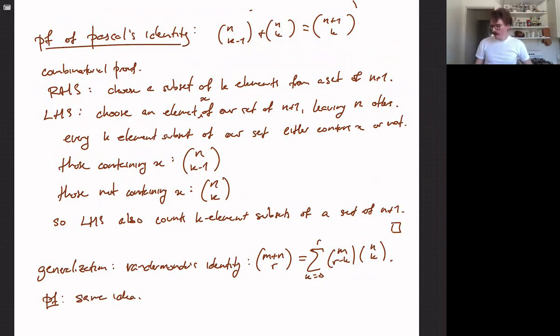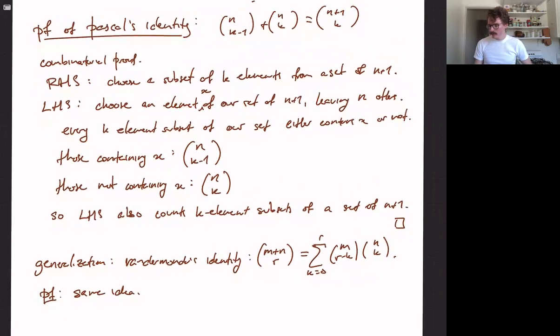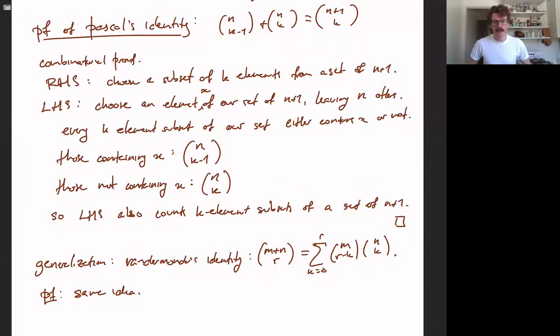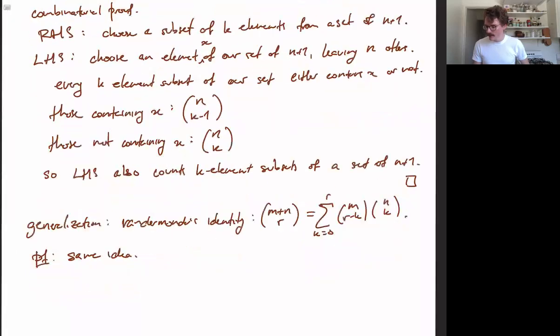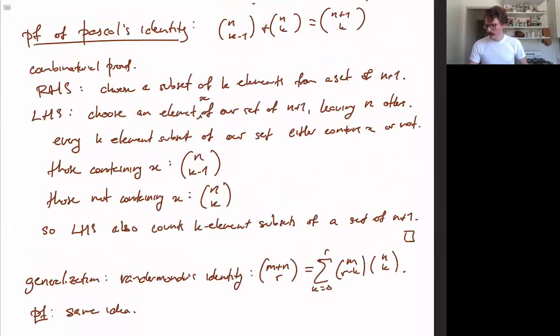So I won't go through the proof in great detail. I will leave the details for you to work out if you are interested. But here's the idea. So in this proof of Pascal's identity, the right-hand side is choosing a subset from a set, and the left-hand side is fixing a specific element and considering subsets that you get by choosing that element or not, and choosing from the rest of the set.